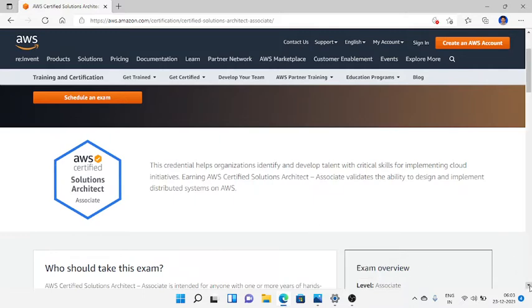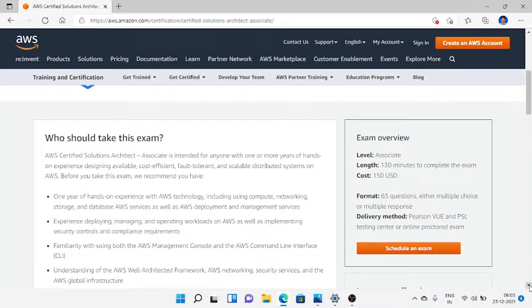Let's see the exam overview. Level is associate level, length is 130 minutes to complete the exam, cost is 150 USD. Format is 65 questions, either multiple choice or multiple response. Multiple choice means A, B, C, D, that means 4 options will be there, and among them you have to select one.